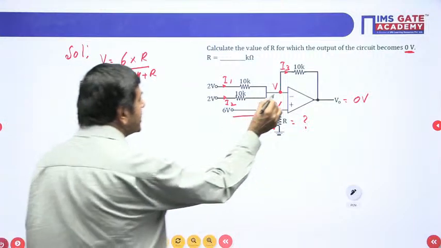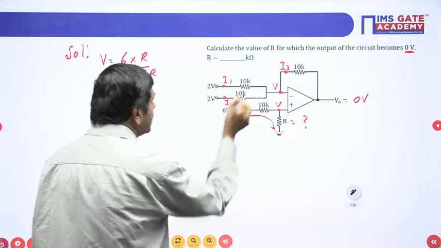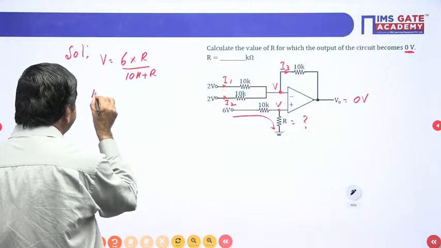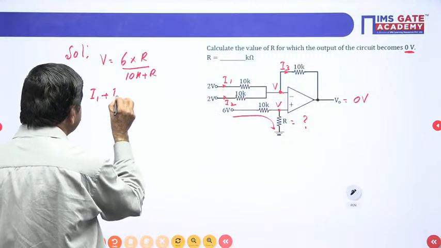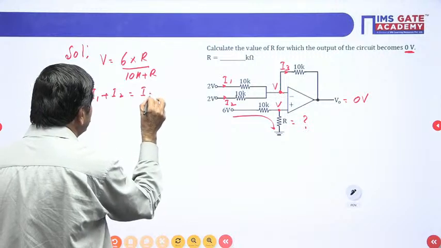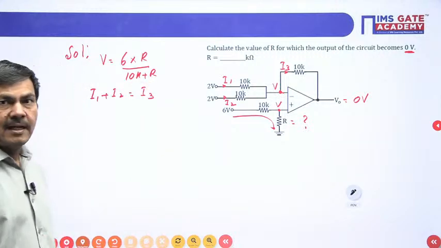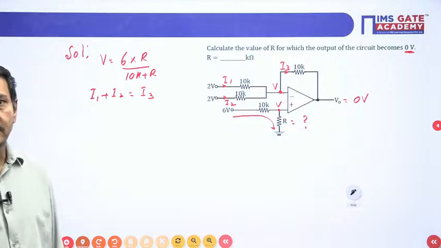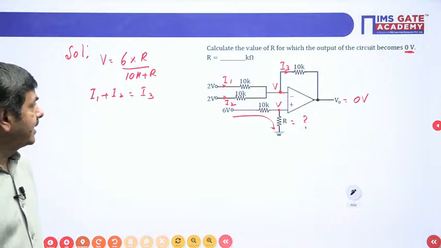So this voltage is the same. I1 plus I2 equal to I3, we know very well, no doubt. The addition of these two currents we can take as I3.